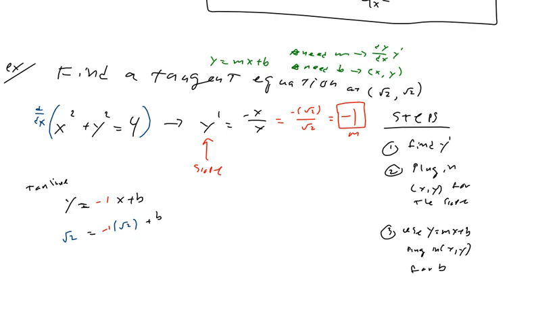So this is root 2 equals negative root 2 plus b. Add root 2 to both sides. I'm going to get b equals 2 radical 2. So my equation is y equals negative 1x plus 2 root 2. That's my tangent equation.